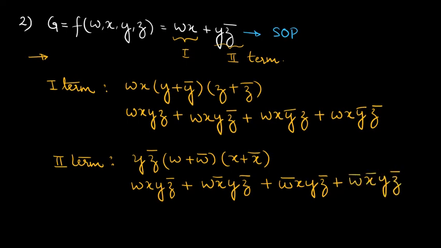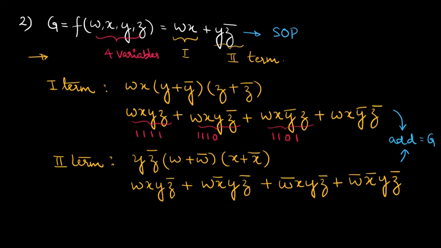To represent the expression in canonical form, I need to add the first term and the second term. To represent it in shorthand decimal notation, that is in terms of sigma, I need to find the binary equivalent and then the decimal equivalent of the following terms.